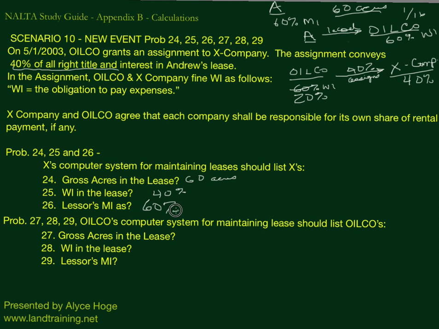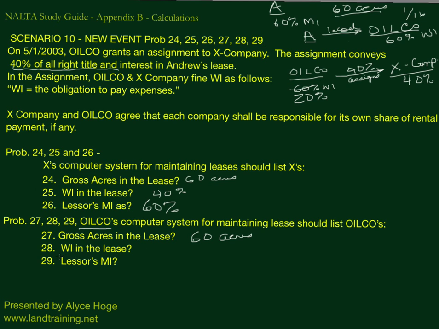That does not change. Then for problems 27, 28, and 29, we're going to look at Oilco's computer system and what they should have in that system in order to maintain their leases. First of all, what is the gross acres in the lease? Well, again, that doesn't change. The gross acres in the lease is 60 acres. What is Oilco's working interest in the lease? Well, at one time it was 60%, but then they conveyed 40% to X company.